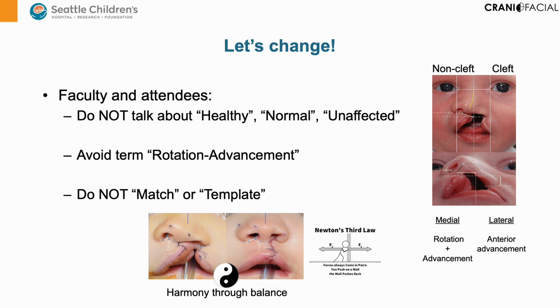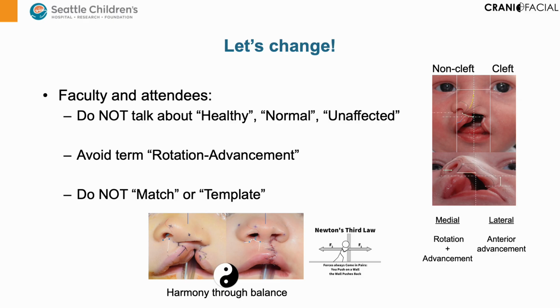So let's change. Moving forward, let's avoid talking about the healthy, normal, or unaffected side. There's a non-cleft side and there's a cleft side, and that terminology may be more appropriate. Let's be careful with the term rotation advancement because in reality maybe it should be medial rotation and advancement with lateral anterior advancement.